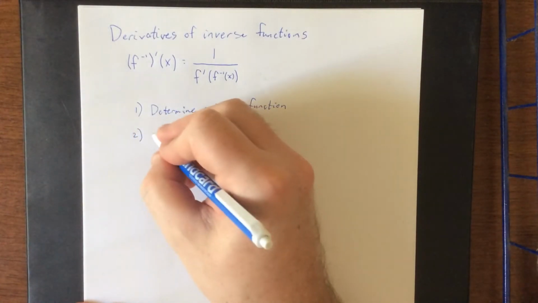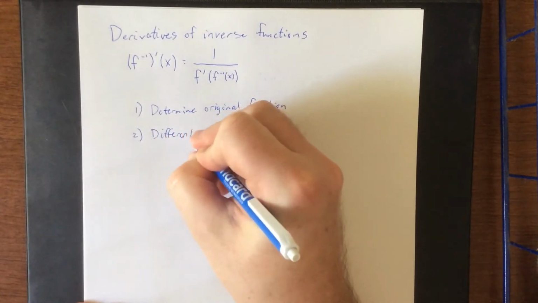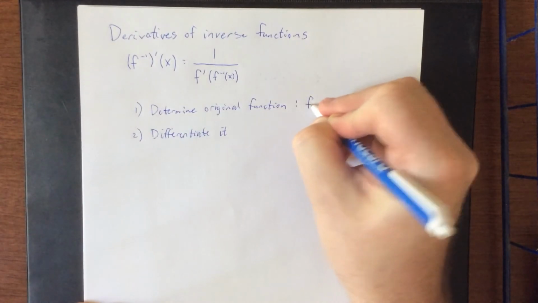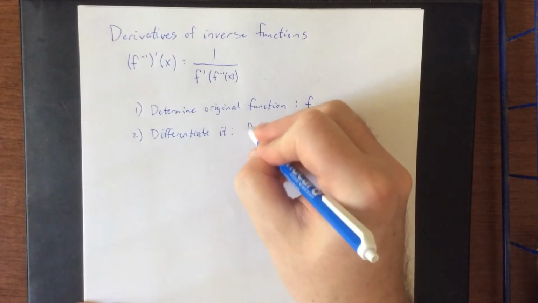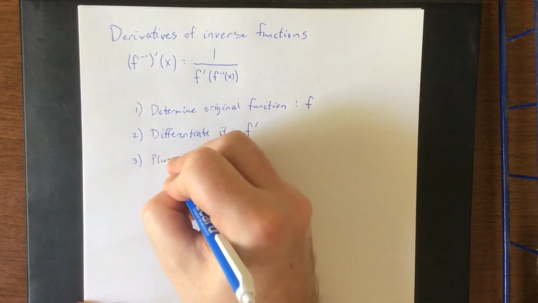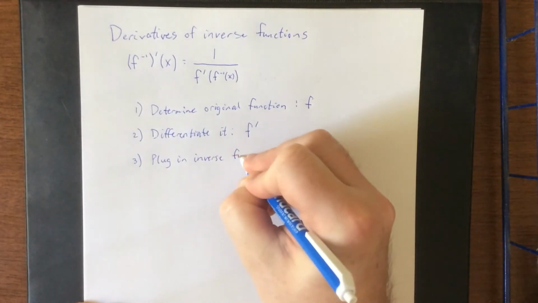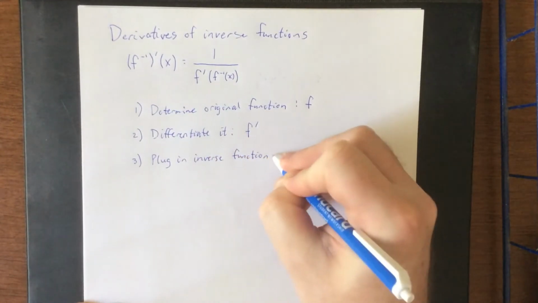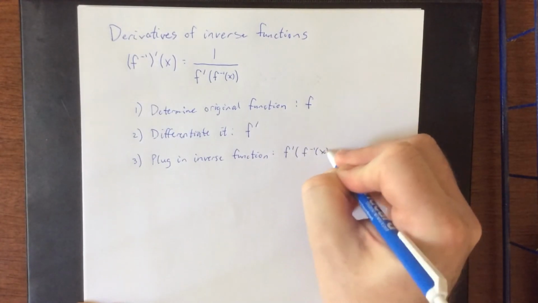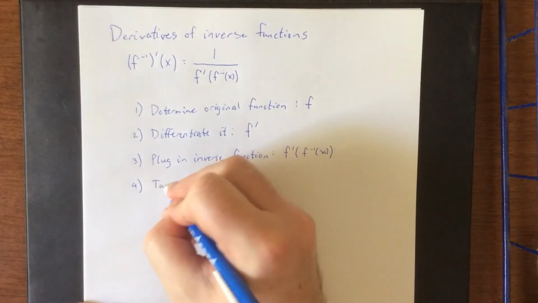We would need to differentiate that function, so I guess in order we're finding f, then we'd be finding f prime. We would then plug in the inverse function, which would be f prime of f inverse of x, and then finally take the reciprocal.